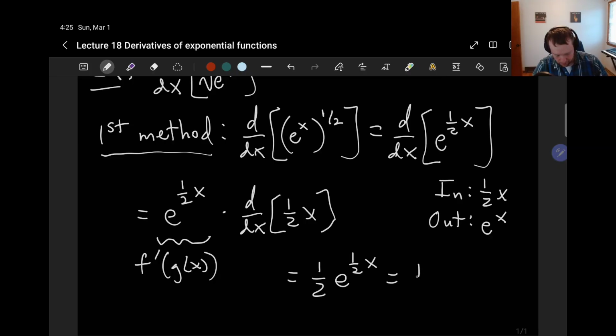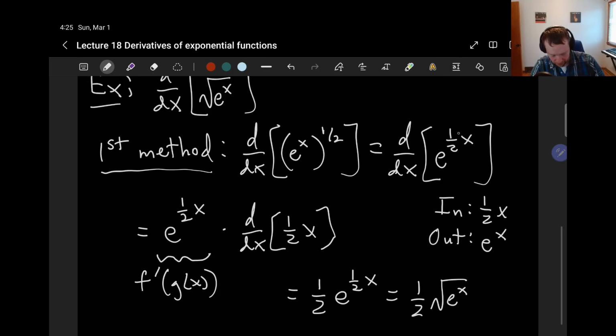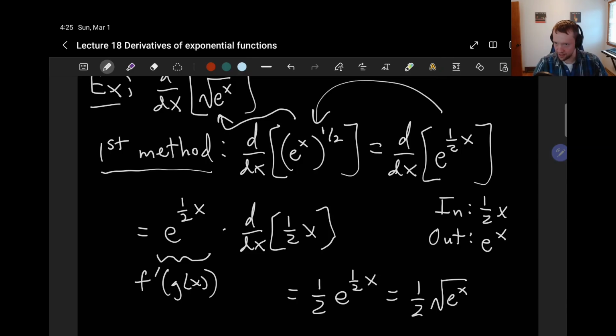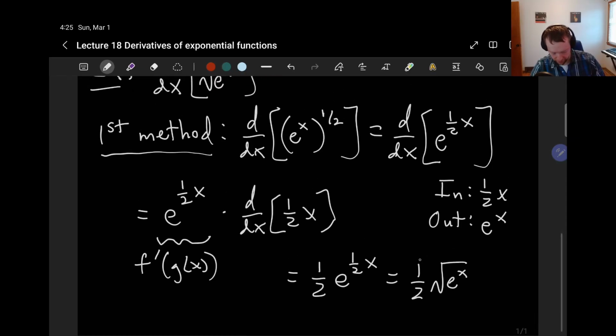And let's get back to the form that it was written in before. Remember the steps we did at the start? e to the 1/2 x is the same, if you go backwards, as the square root of e to the x. So this is the form I'm choosing to leave it in.